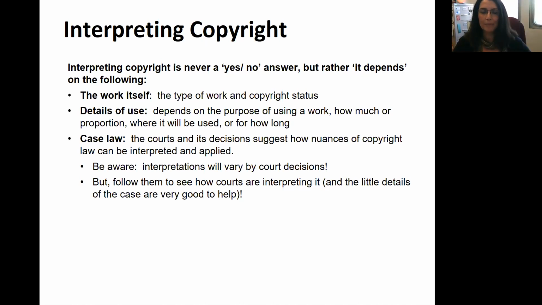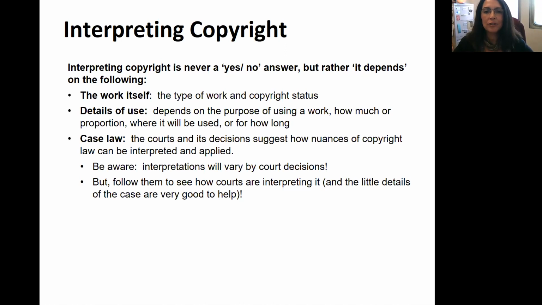So how copyright would be interpreted depends on how they want to use this copyrighted item. Also, how much of it wants to be used, or where it will be used and for how long. So those details of use are a very big factor in copyright questions you might have, or copyright scenarios that you may have on your job.